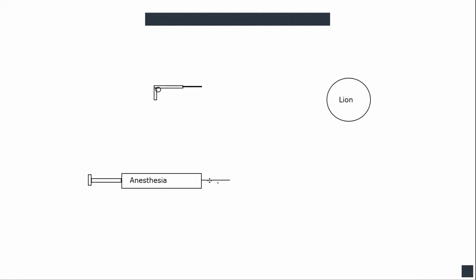So you are trying to capture a lion. You have an injection where the needle is responsible for penetrating into the lion, and the anesthesia is responsible for making the lion fall asleep. Now, what is exploit and what is payload?